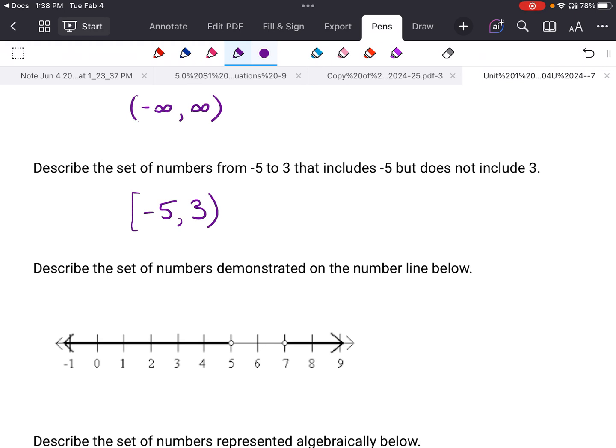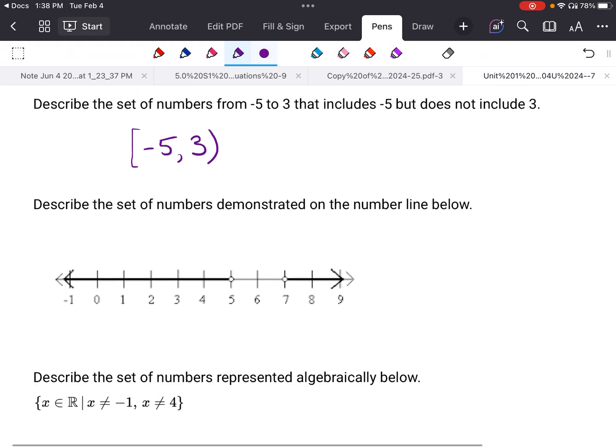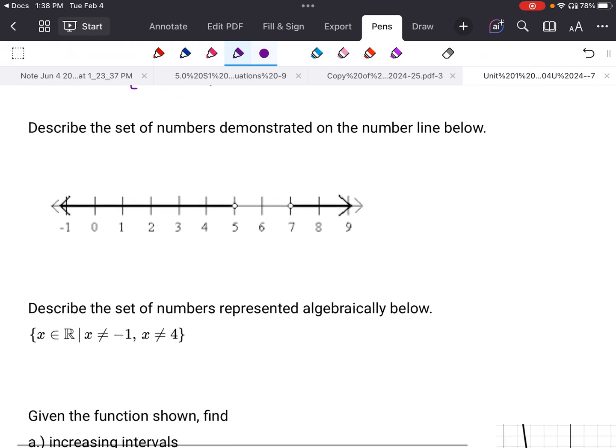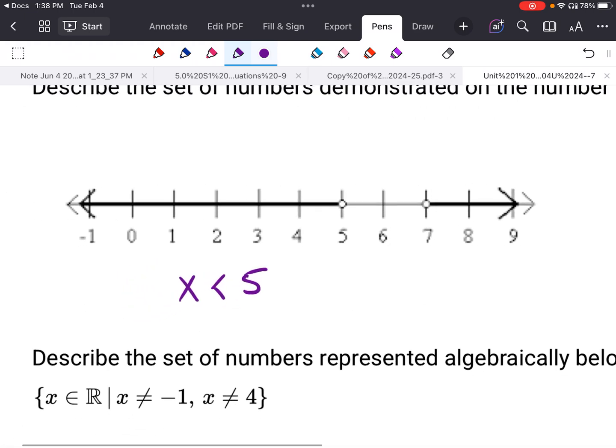Okay, describe the set of numbers demonstrated on the number line below. So we see in the first arrow, it's starting at 5 and going to the left, so the numbers are getting smaller, so it's going to be x is less than 5. But we notice that the circle at 5 is not filled in.